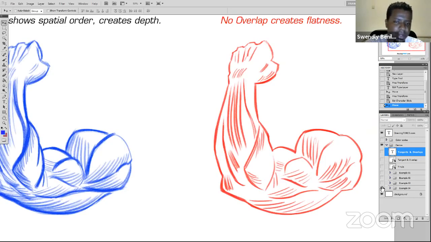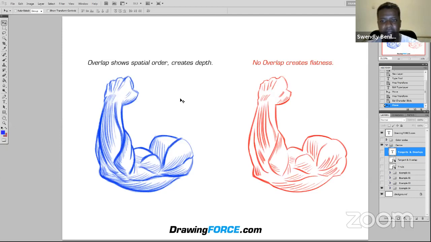Okay, last example, which also ties into what Diego showed us. Here at the right, I eliminated all the overlaps, so there are no T intersections, neither at the contours nor on the inside.